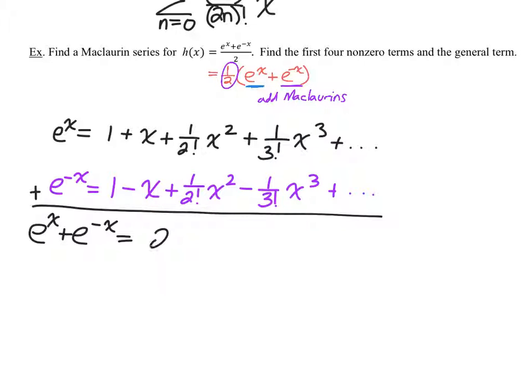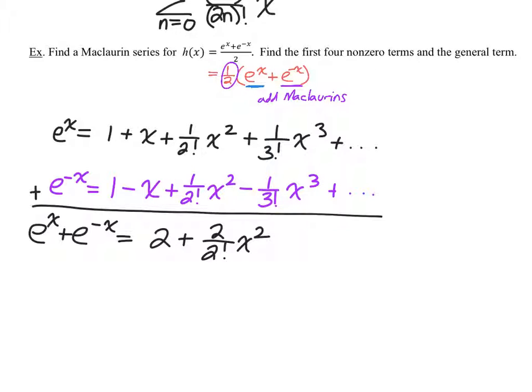So we'll get a 2. It looks like every odd power is going to cancel out now. Right? They're exact opposites. That's great news. So I'm looking at 1 plus 2 over 2 factorial x squared.